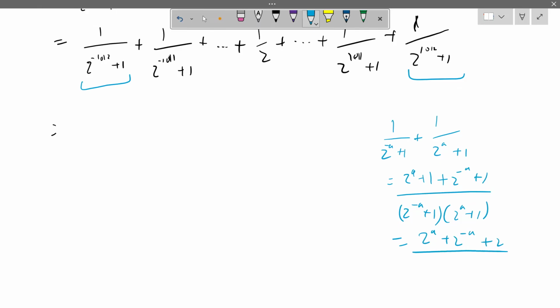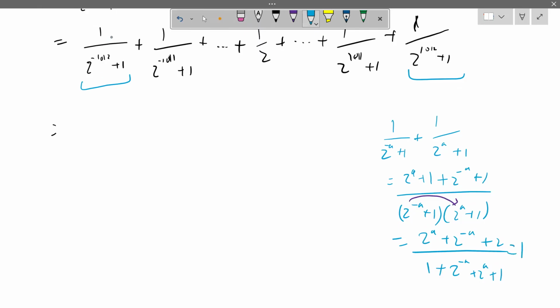The denominator here, notice that this multiplies to 1, and then 2 to the power of minus a plus 2 to the power of a plus 1, and it actually evaluates to the same thing as the numerator. So that means this is equal to 1.